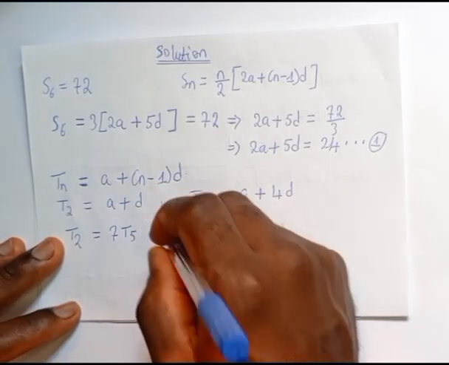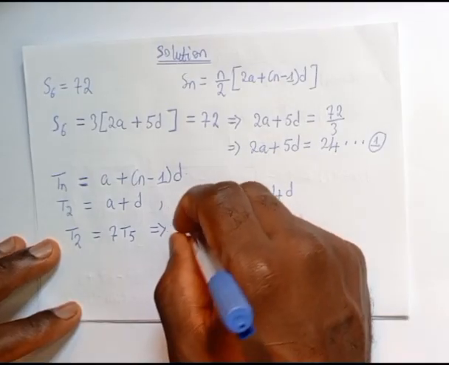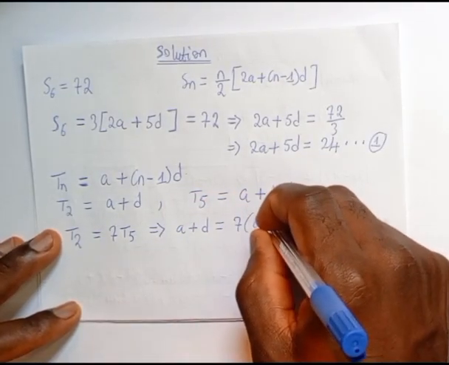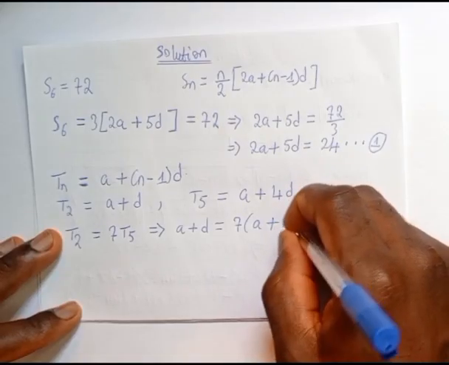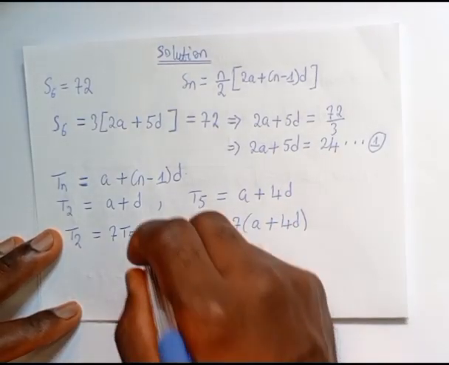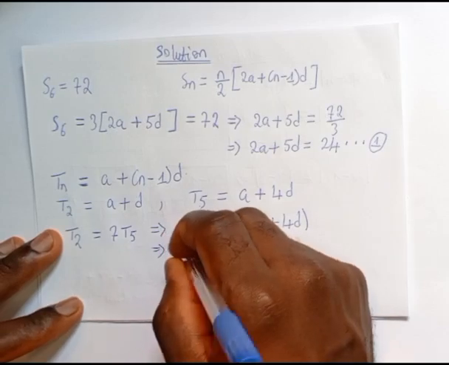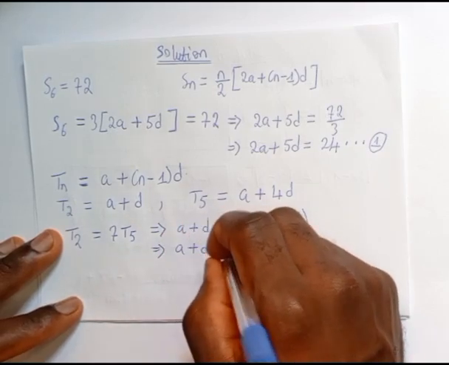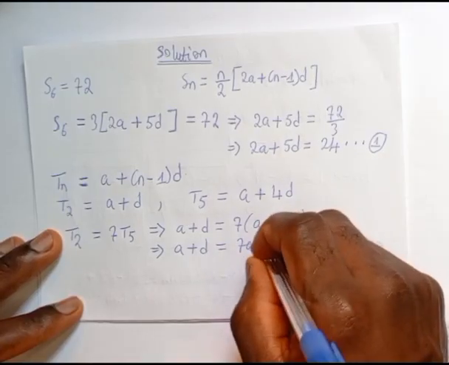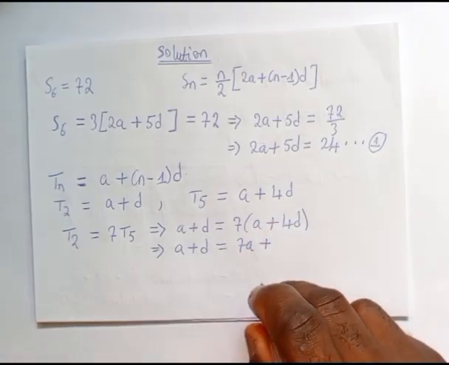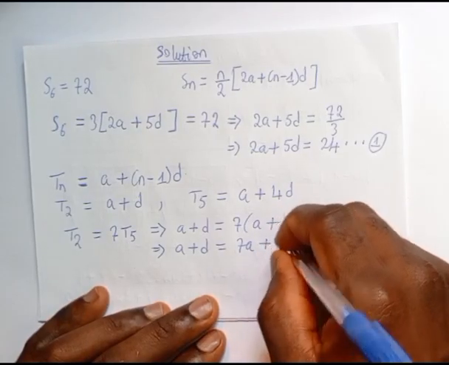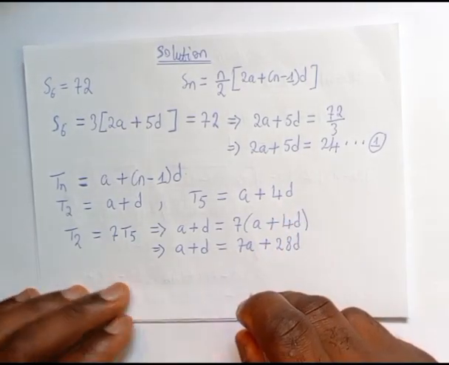This will imply that our T2, a plus d, is equal to 7 times a plus 4d for T5. Then this will give us a plus d to be equal to 7a plus 7 times 4d gives us 28d.